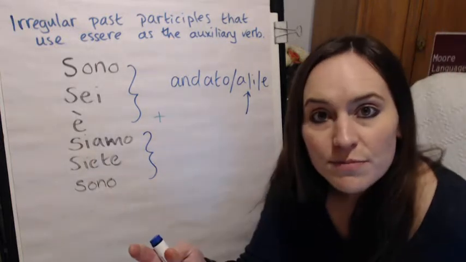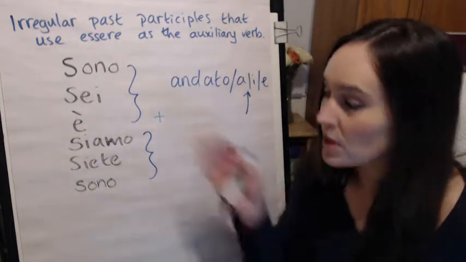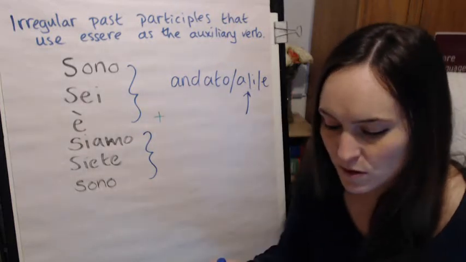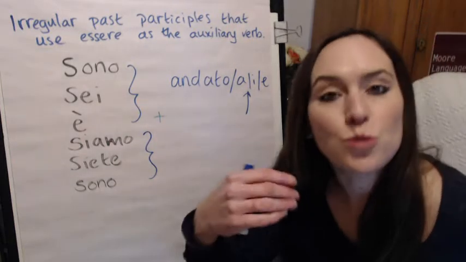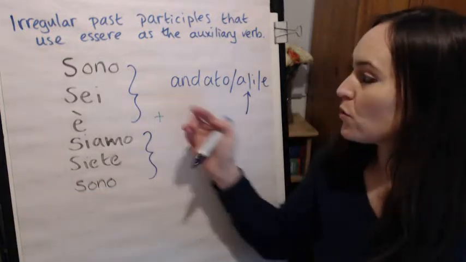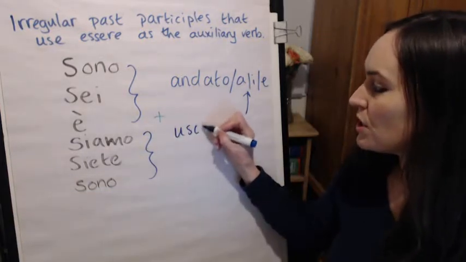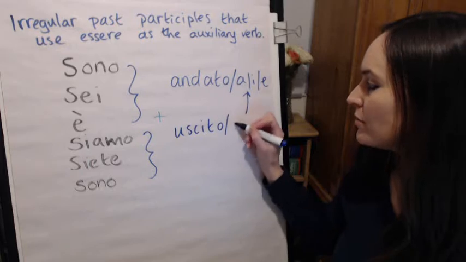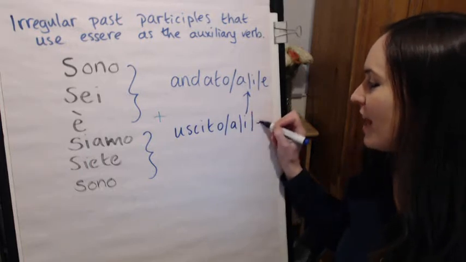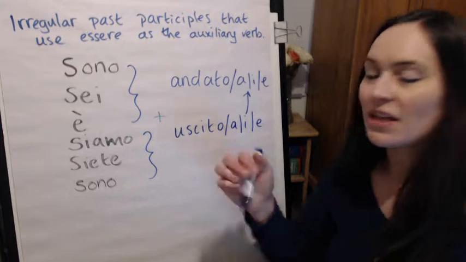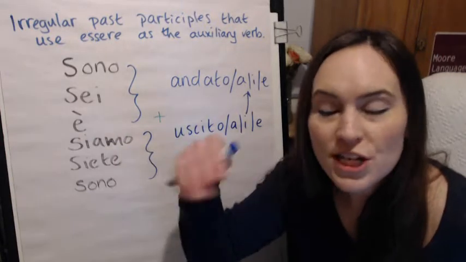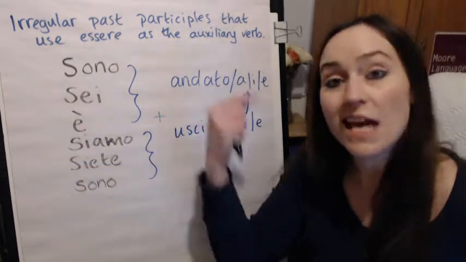So IRE verbs, like that use essere, remember, as the auxiliary verb, like uscire. Sono uscito, a, i, e. Okay, depending. I went out. So the verb uscire means to go out.